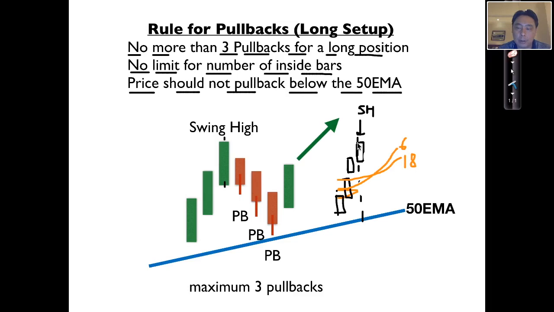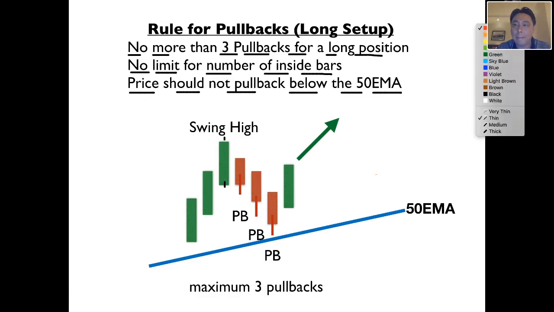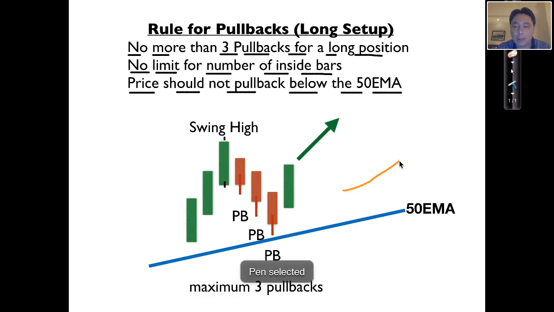And let's say this is the swing high candle, like that. It's a swing high candle. Okay, good. There we have it. So let's look at another example. In this case, okay, this is not the best drawing. Let me redraw it again. All right, so 6 crossing above the 18.